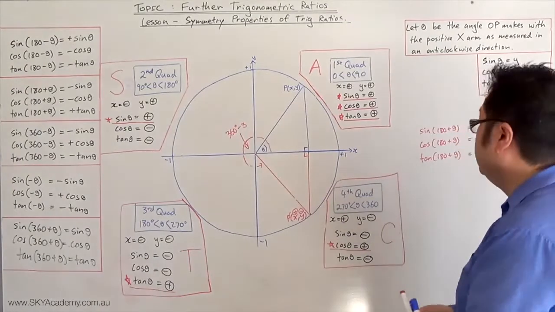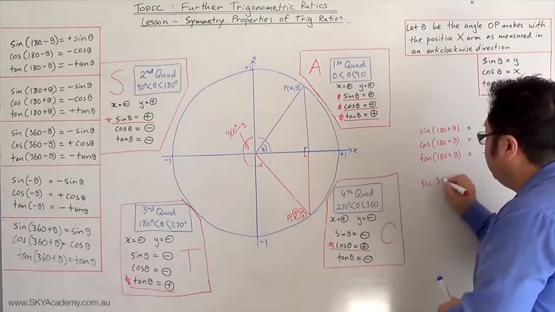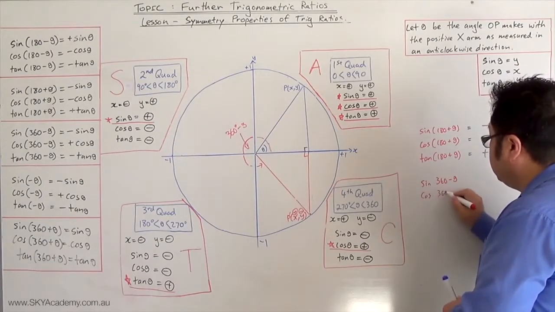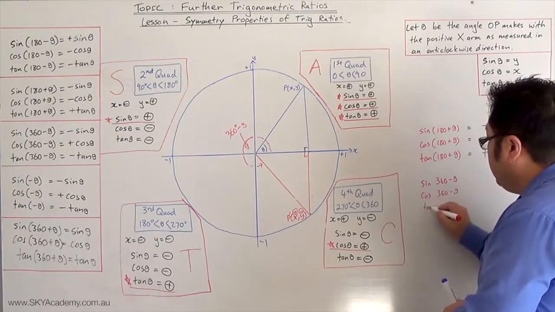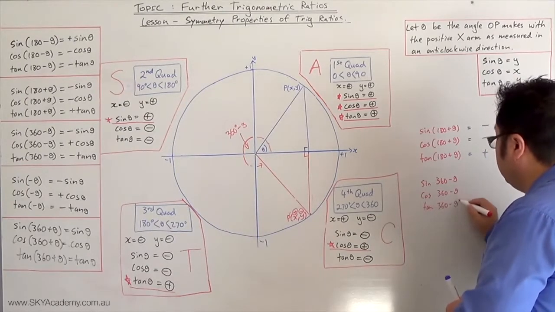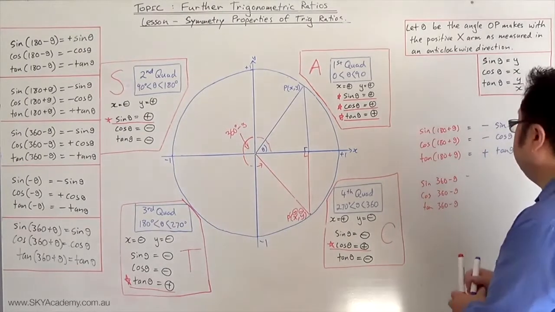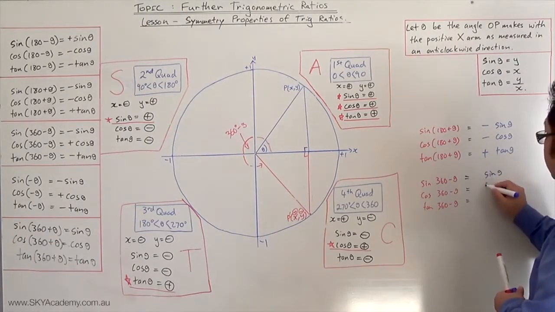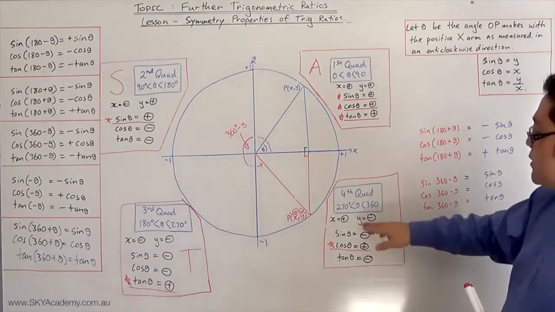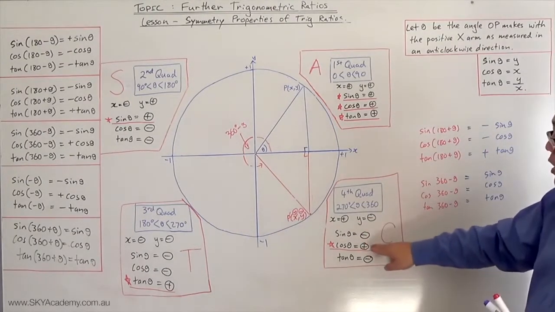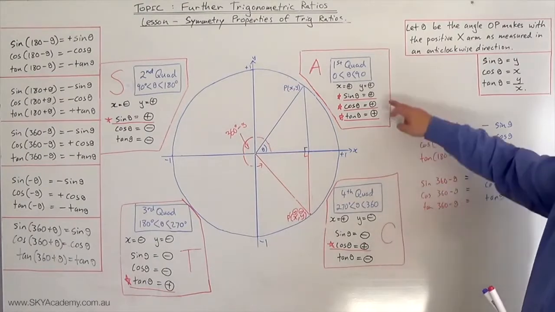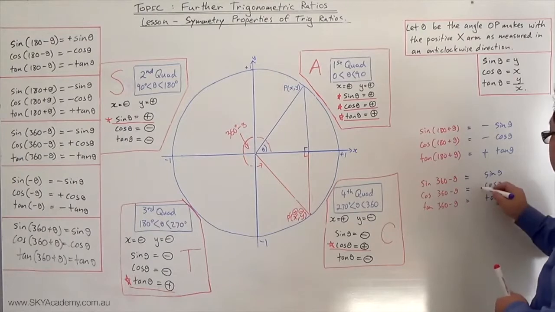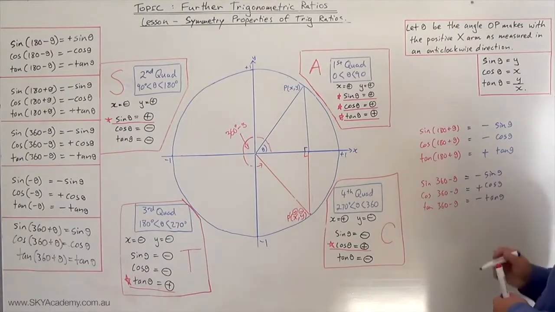Got it? So sine of 360 minus theta, cos of 360 minus theta, and tan of 360 minus theta will be exactly the same as some version of the first quadrant equivalent. Except in the fourth quadrant, cos is equal directly to the first quadrant equivalent, but the rest are going to be negative.